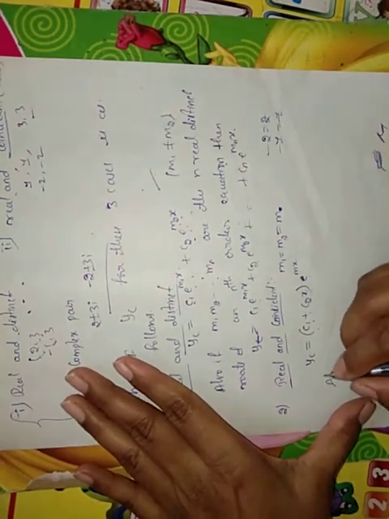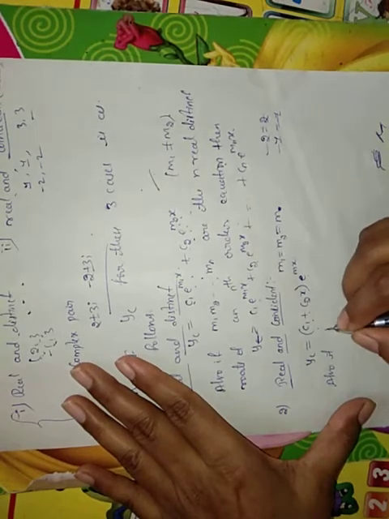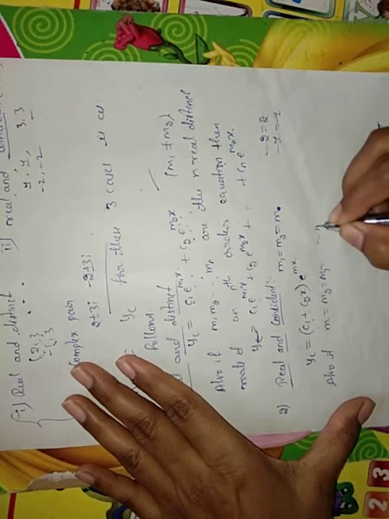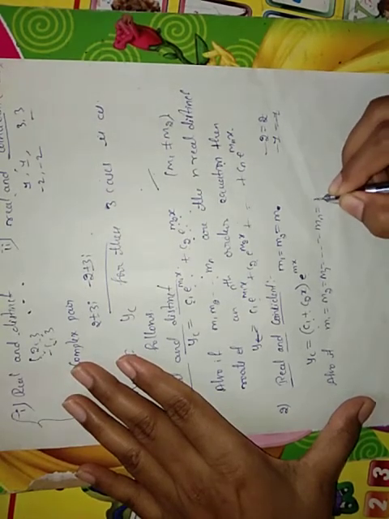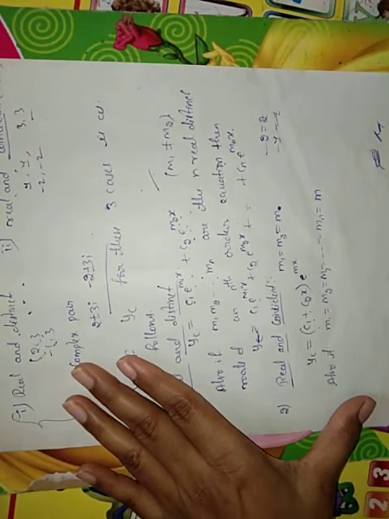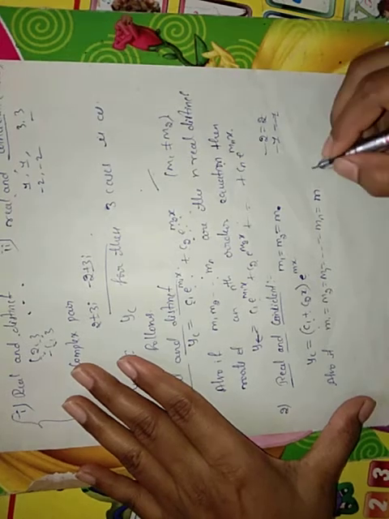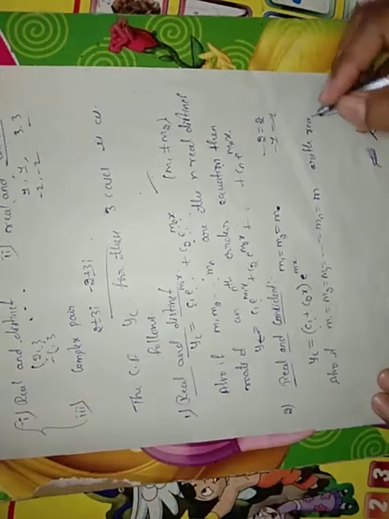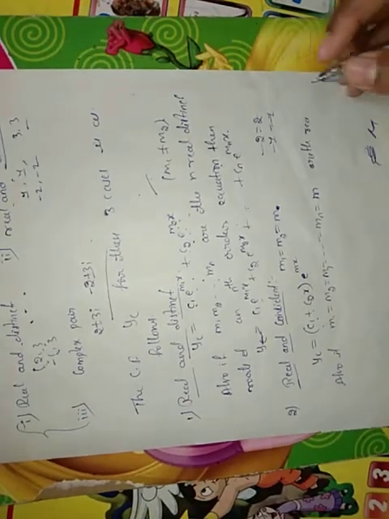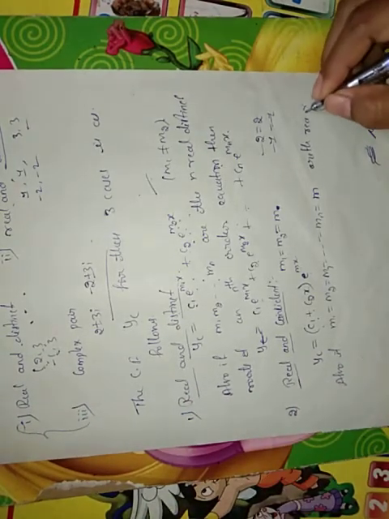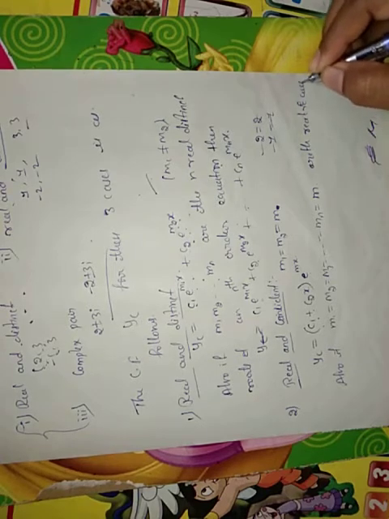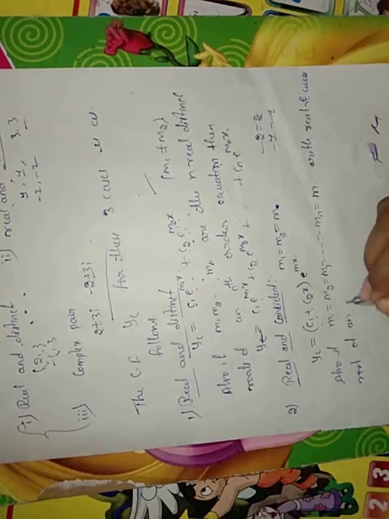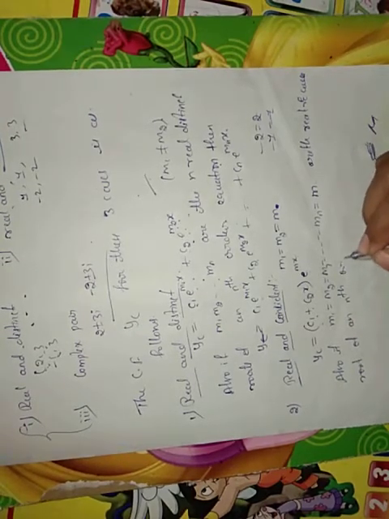Suppose also that m1 equals m2 equals m3 and so on up to mn equals m, and these are the real and coincident roots of an nth order equation.